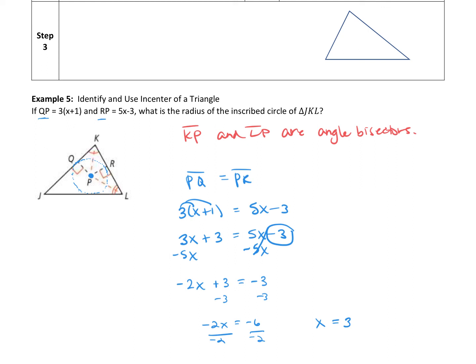It really doesn't matter which one. Maybe I'll plug into RP since that's already simplified. We wouldn't have to distribute. So RP is equal to 5x minus 3. Now that we know what x is, let's plug in a 3. 5 times 3 is 15 minus 3. We're getting RP equal to 12, and that is the radius of the inscribed circle.